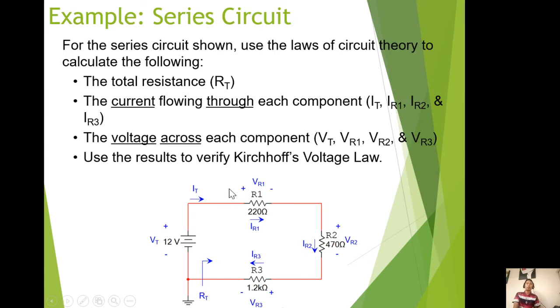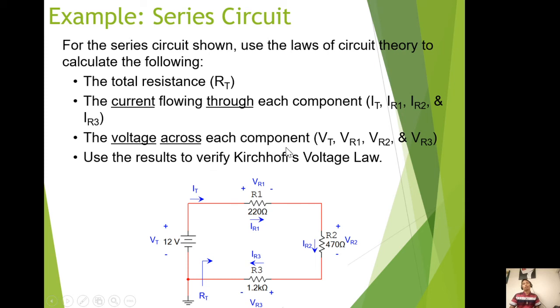Now, let's proceed to an example. For the series circuit shown below, use the laws of circuit theory to calculate the following: total resistance, the current flowing through each component, IT, IR1, IR2, and IR3, and the voltage across each component, VT, VR1, VR2, VR3.